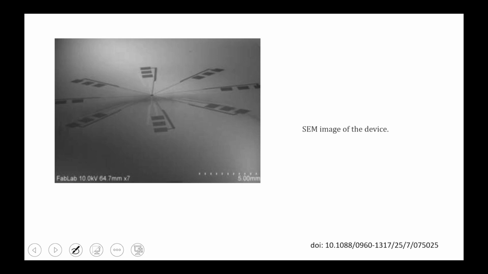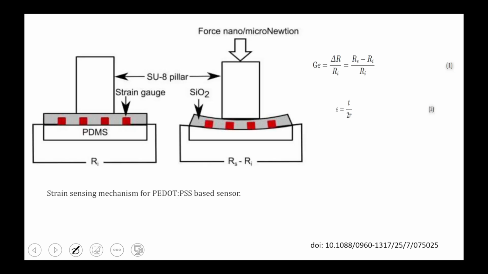So this is how you measure the working mechanism of these things. See, this is the strain gauge. These are the 8 strain gauges you have taken. This is the PDMS layer. This is the input resistance, and this RS is the change in the resistance.